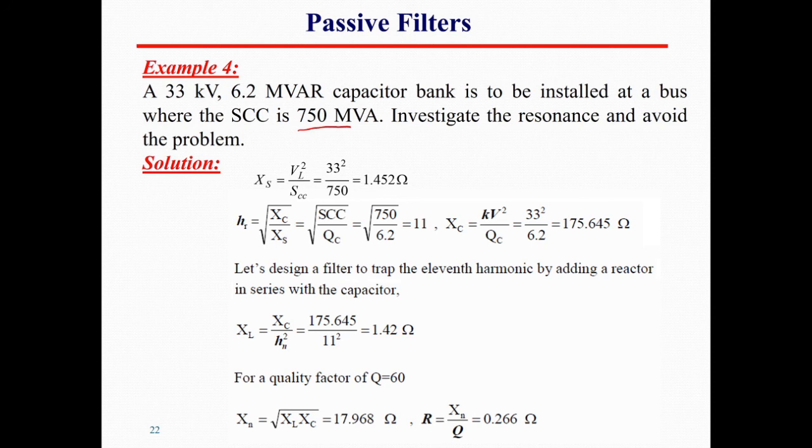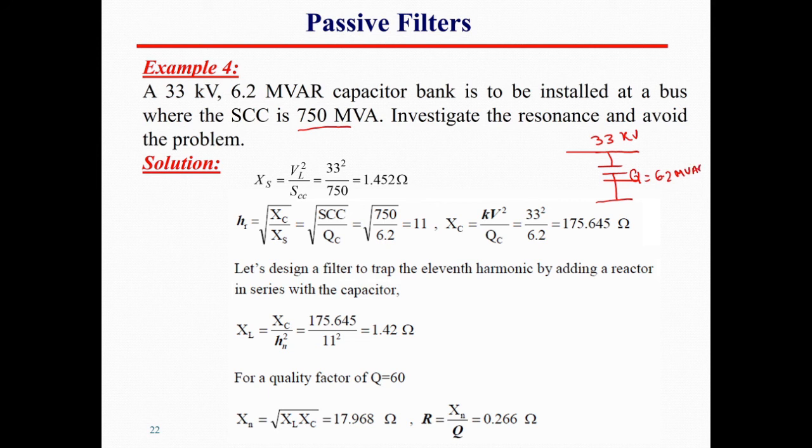Okay, so what we have is a bus working at 33 kilovolt, and over here we have installed a capacitor bank. The size of the capacitor bank is 6.2 megavar, so Q for the capacitor is 6.2 megavolt ampere reactive.